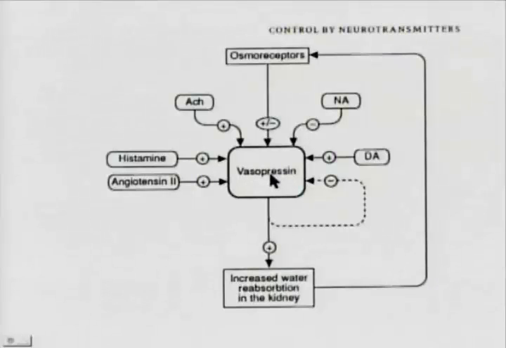For the vasopressin or antidiuretic hormone, the increased water reabsorption in the kidney is what will have the negative feedback on the osmoreceptors, so it can be positive or negative. So as plasma or interstitial cell osmolarity increases, that's when you're going to have the drive for the vasopressin, and when it decreases to normal levels, it'll have an inhibitory effect. But there are also many other systems that are involved. Norepinephrine is shown here to have an inhibitory effect on vasopressin.